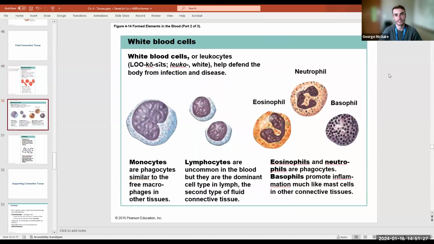We then have our various cell types of white blood cells, which is there to help with defense. So part of our immune system that is traveling throughout. So we talked about macrophages a bit earlier, which are the largest example here. They're to destroy any of those invaders. But we have a few other phagocytes, examples of smaller cells that are there to, again, a phage is there to destroy something.